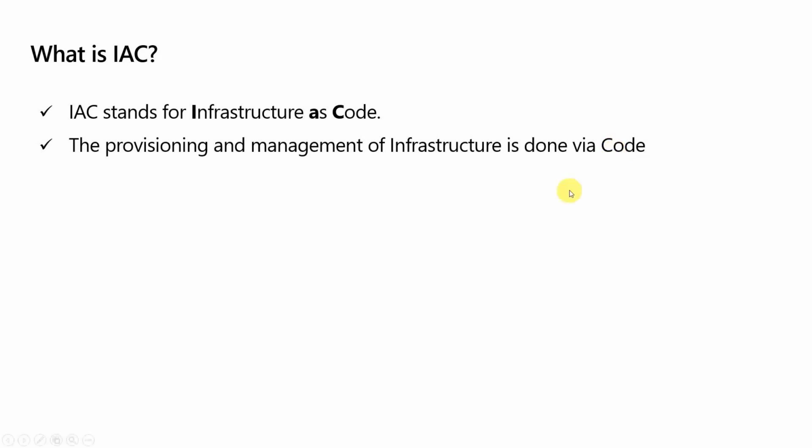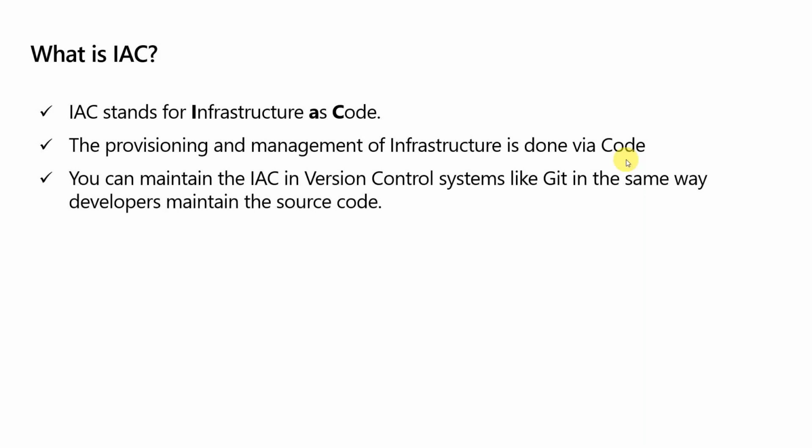Now, because it is code, the people who write code are also kind of engineers. In the real world, there are different roles that people use. Some people call them platform engineers, some people call them DevOps engineers. Depending on the situation, people use different terms.